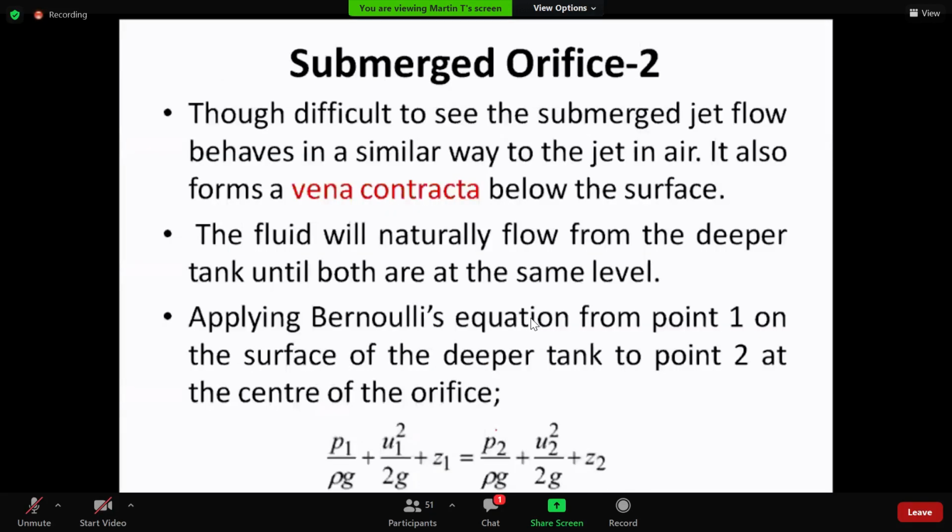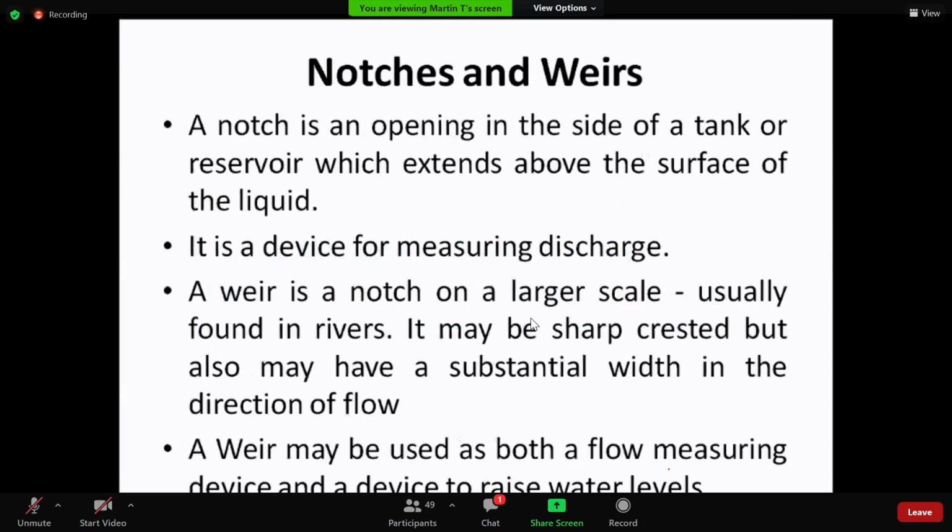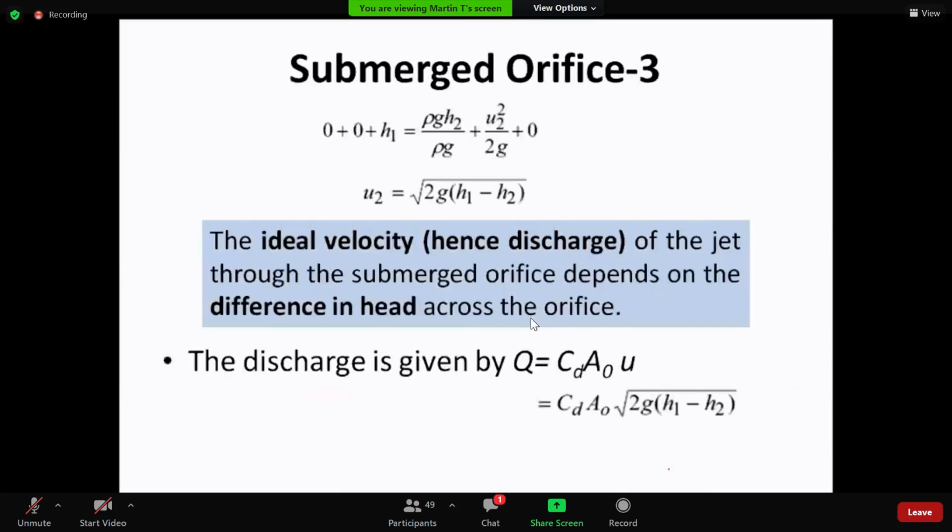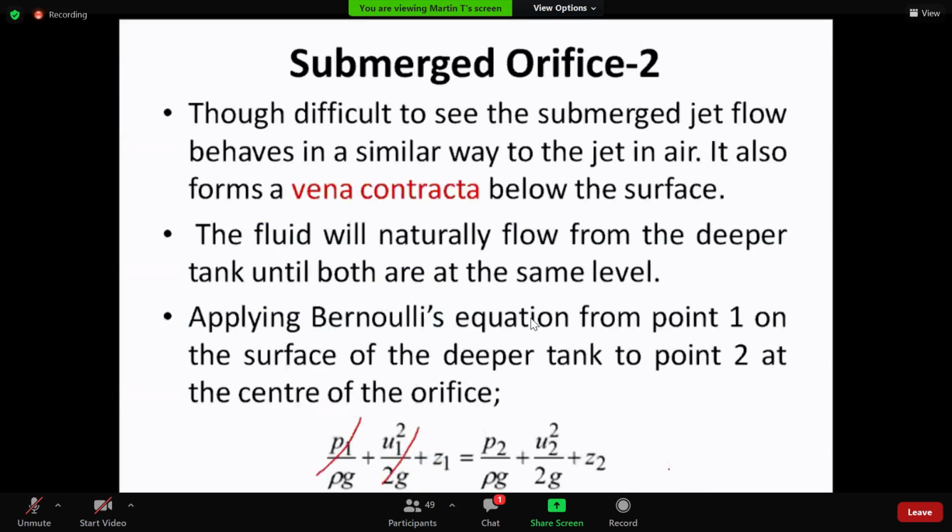Secondly, U1, that is a surface, that's the free water surface. U1 is approximately 0. So this and this cancel out. Then what about P2?